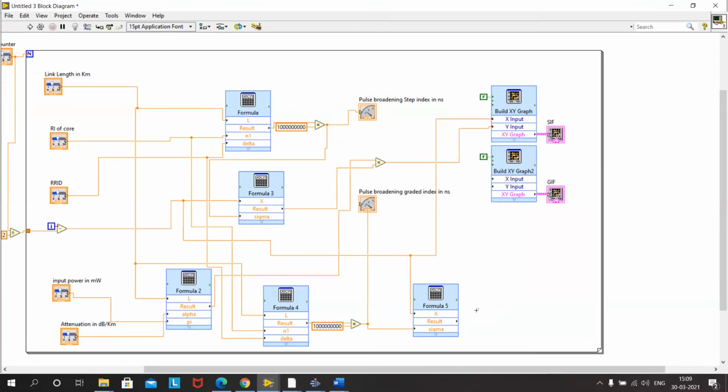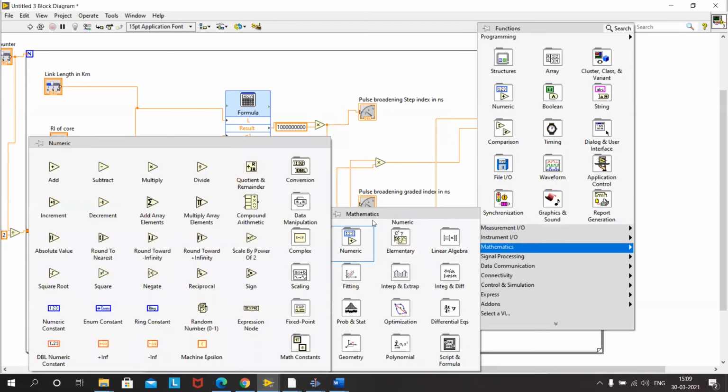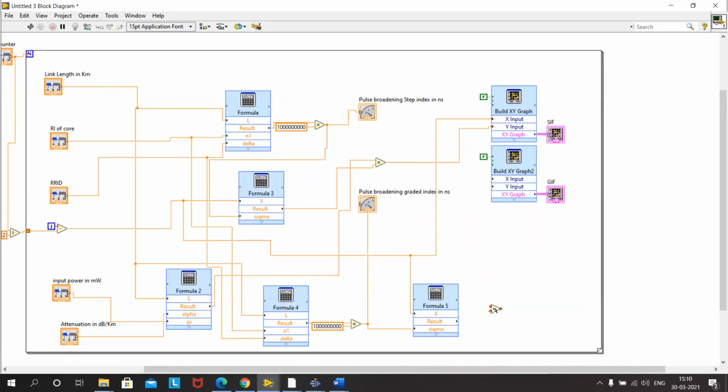The result is to be first multiplied with the output power. So we need a multiplier. And this needs to be fed to the y terminal of the XY graph. And x needs to be fed to the counter. And reset should be set at false. Our circuit is complete.